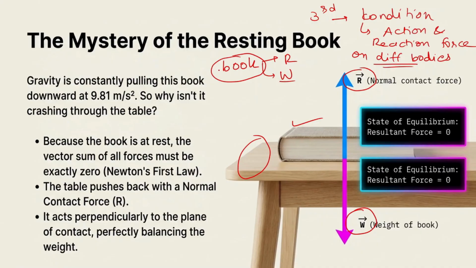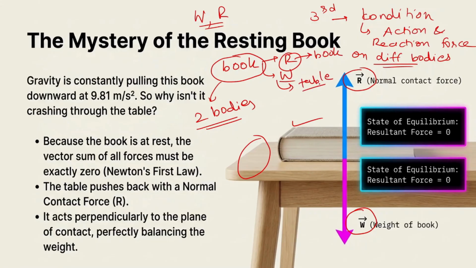That's why you cannot say the weight W and the normal force R are a pair of the third law, because we have to consider two bodies, and these two forces: one is acting on the book and the other one is on the table, or on the other body.